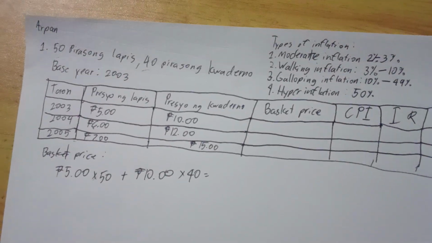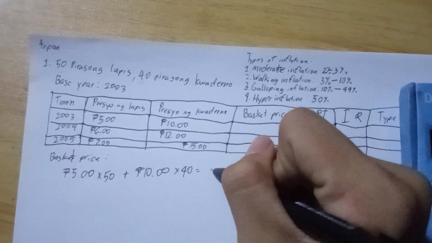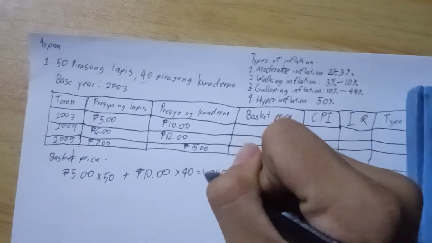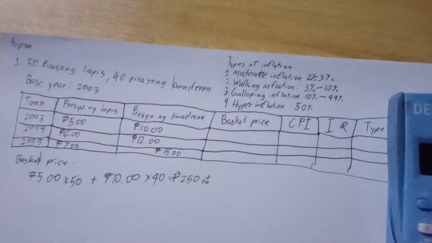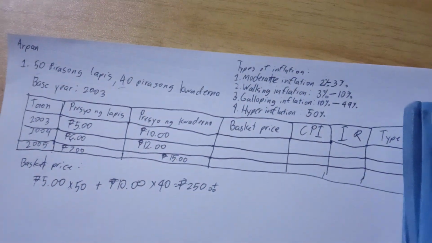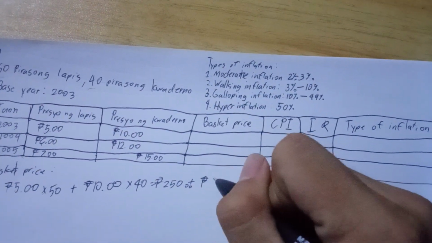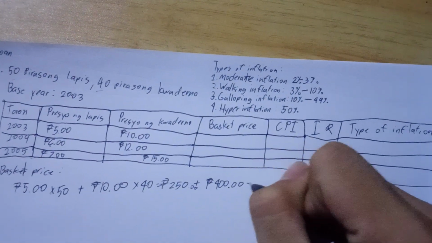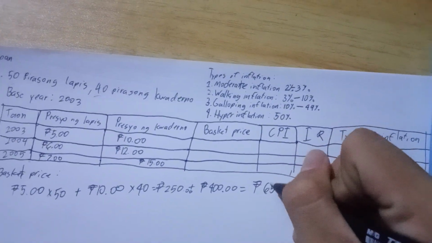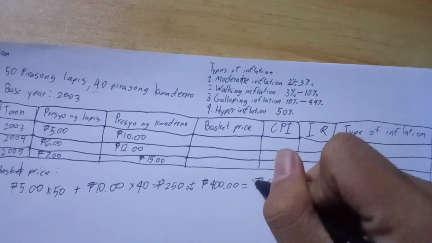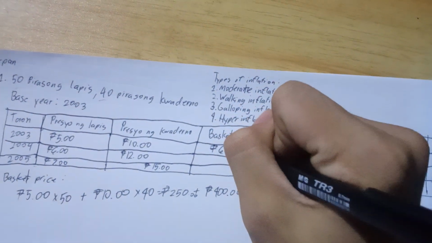So 5 times 50, 250 pesos plus 10 times 40, 400 pesos. We add them together to get our final answer of 650 pesos as our basket price.